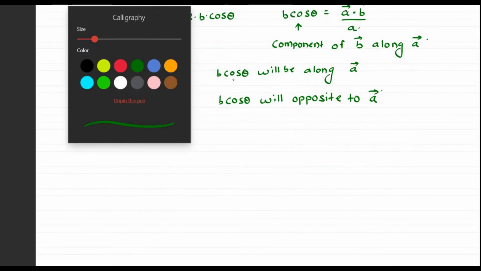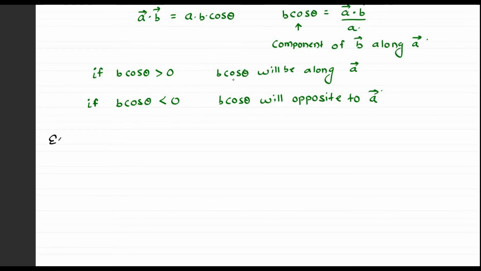Let me give an example for this. Say A vector is, and B vector is I cap plus J cap.